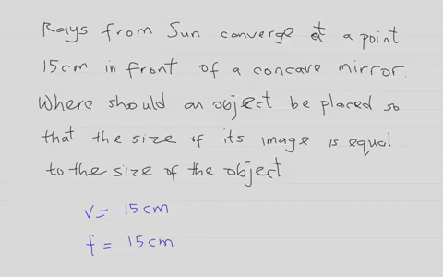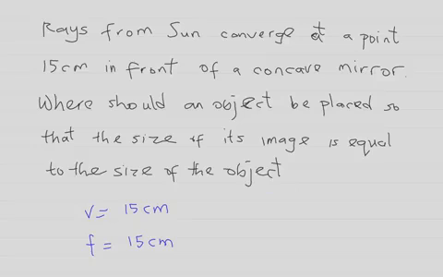Where should an object be placed? So what should be the distance of the object, so that the size of its image is equal to the size of the object?